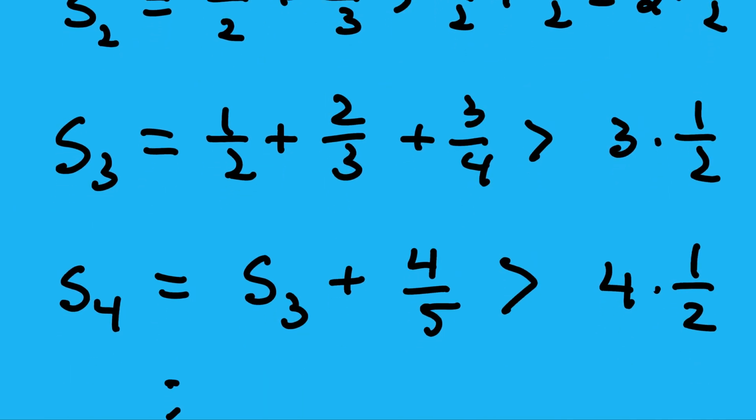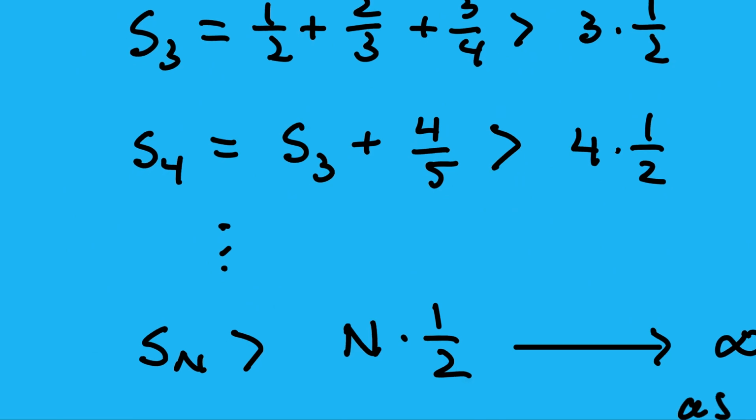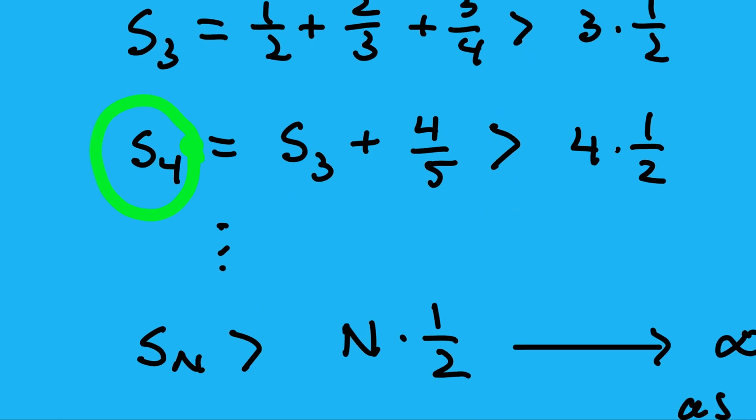Same thing's going to happen on S4. If we look at S4, it is S3 plus n over n plus 1. And this n over n plus 1 is again bigger than a half. So 3 copies of a half plus 1 more copy of a half is bigger than 4 copies of 1/2. Very nice. So in general, we can see that S sub n is bigger than n copies of a half.